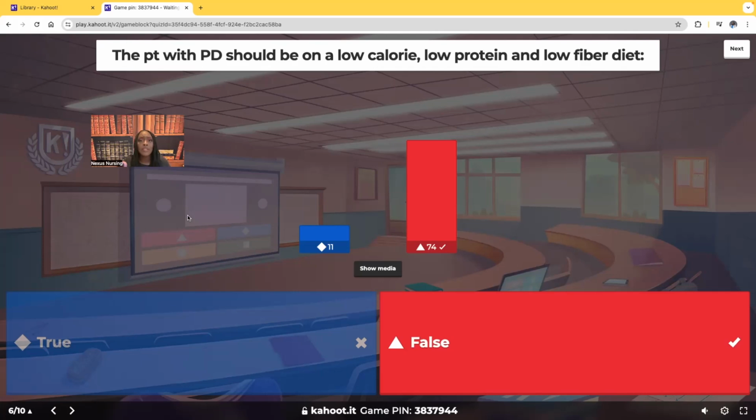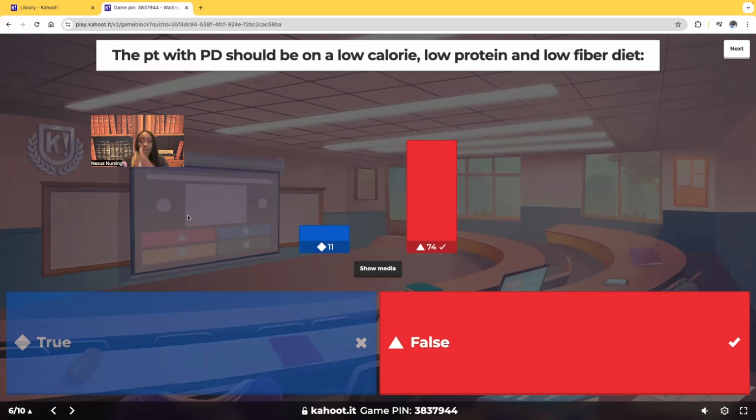We love fiber because fiber gets rid of all that waste in your GI tract, right? And it really helps get the cholesterol down. It helps you move your bowels. We love fiber. So there are not many conditions where a patient is going to be on a low fiber diet. So as a nursing student, even if I wasn't sure about the protein or the calorie, I should have said low fiber diet, I'm not going to take the chances. False.